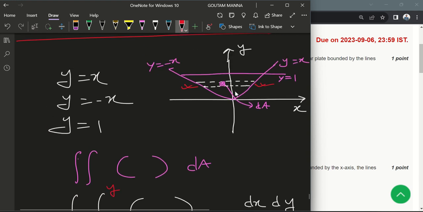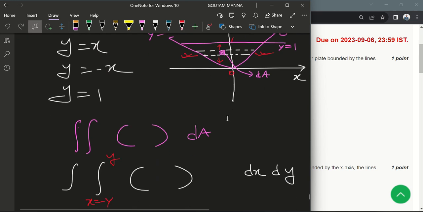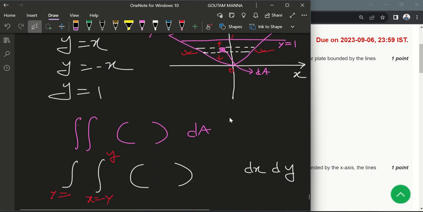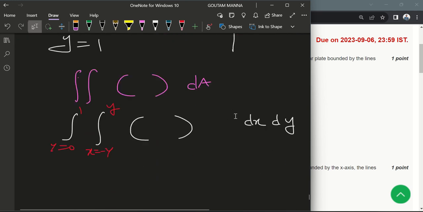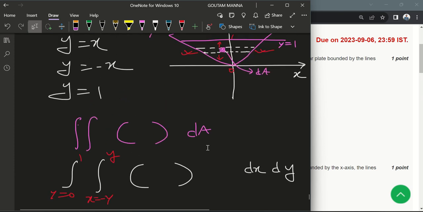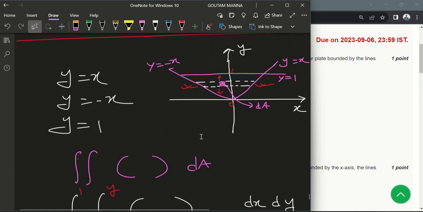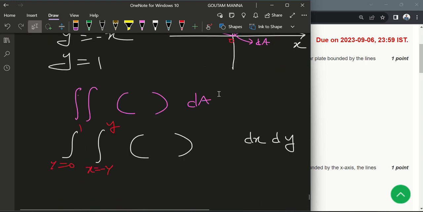Then for the y integration, you move this line along the y axis, so the y limit goes from 0 to 1. This is how you do it if you do the x integration first. But if you want to do the y integration first, you need to divide it into two parts.